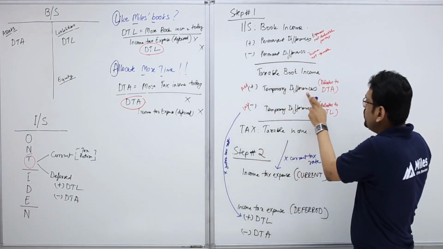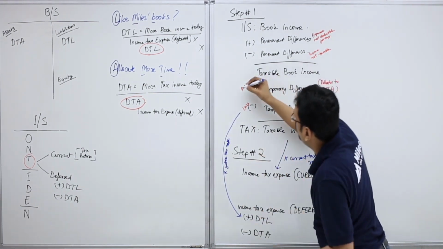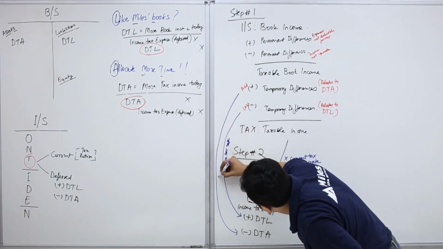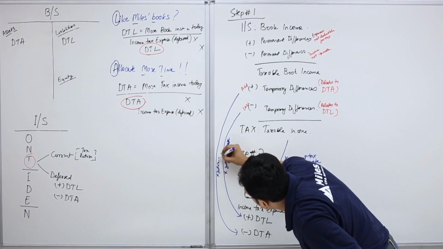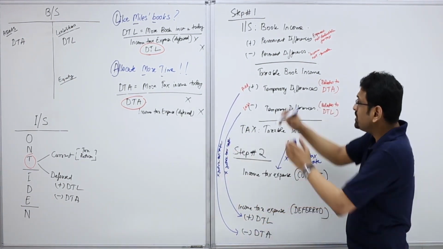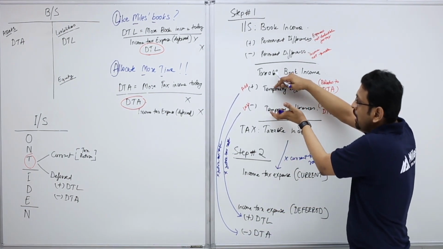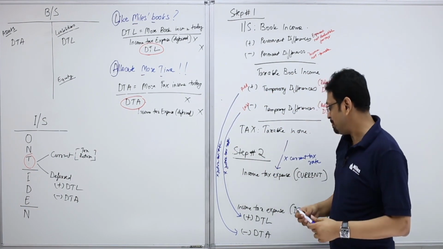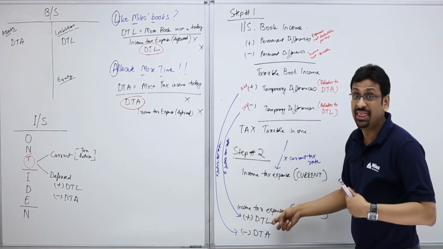These temporary differences which related to DTA, again, when you multiply it by the future tax rate, you're going to get DTA. So this was the entire amount of temporary difference. Now you've got to multiply it by the tax rate to get your income tax expense deferred. We're looking at deferred tax liability for the year.